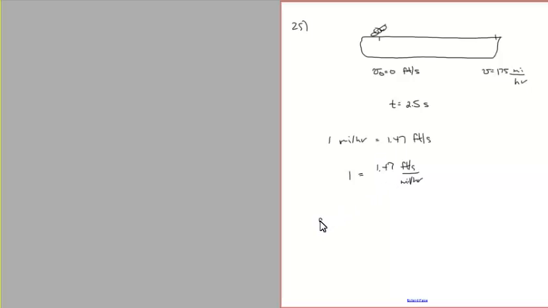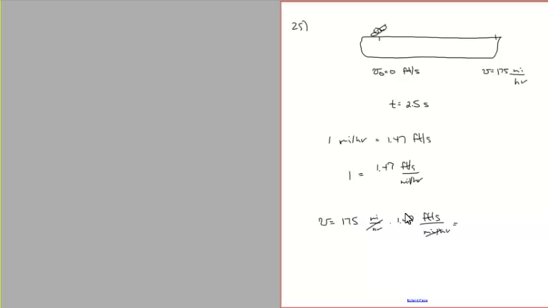So if we want to take a velocity, 175 miles per hour, we multiply it by 1.47 feet per second per mile per hour. And you see we have miles per hour in the numerator and miles per hour in the denominator, so these cancel out. And so we have feet per second, that's the final answer.